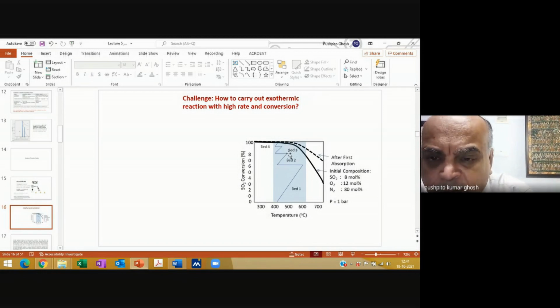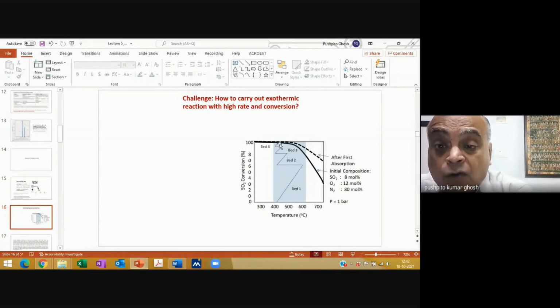Again, after some point, I again play this trick. Again, I allow it to react. So I'm doing adiabatic, then cooling through heat exchanger, adiabatic increase. And what am I doing? I'm slowly approaching my temperature of 400 degrees centigrade.